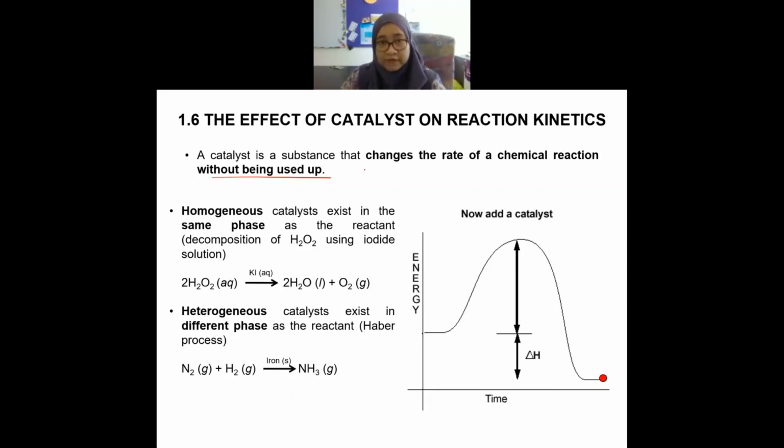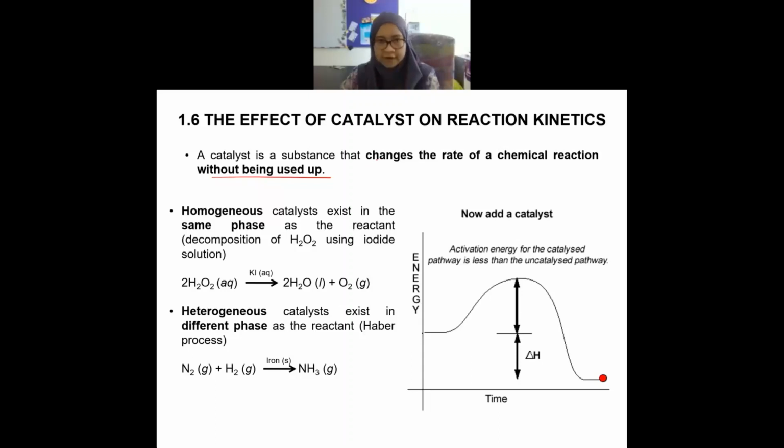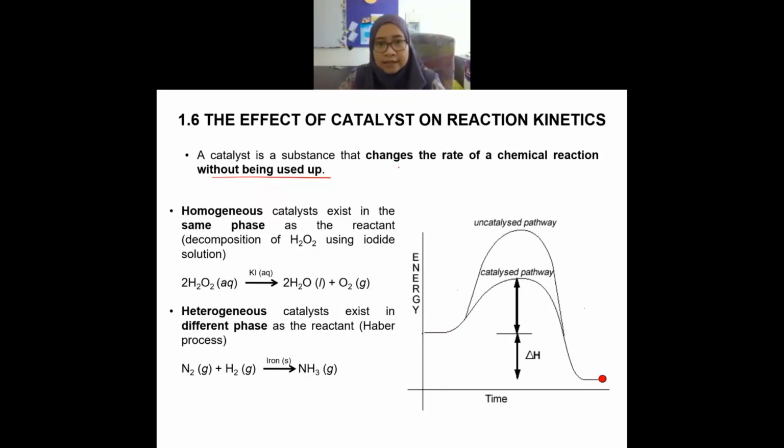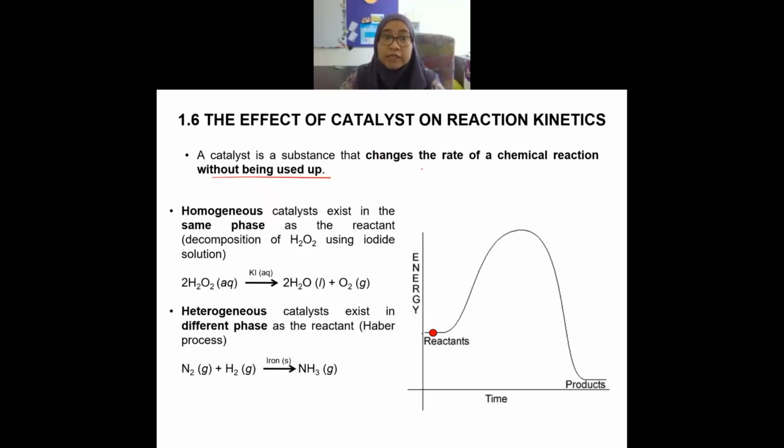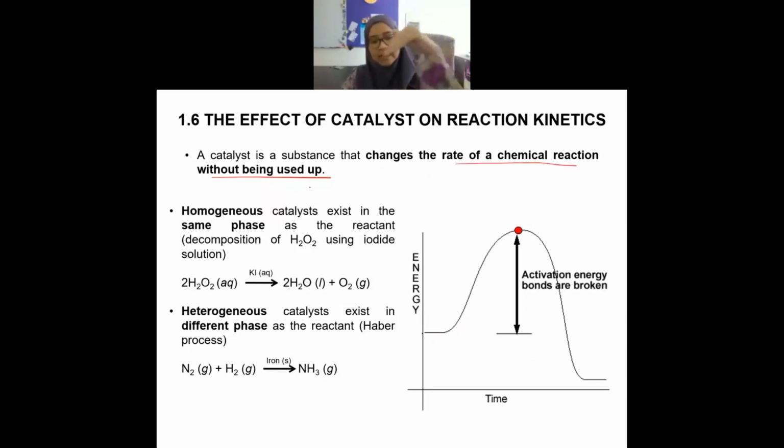In that slide we also defined the catalyst. A catalyst is a substance that is added in the reaction to increase the rate of chemical reaction without being used up. Meaning at the beginning we add it together with the reactant, and at the end it will still be there. It will not be used up.